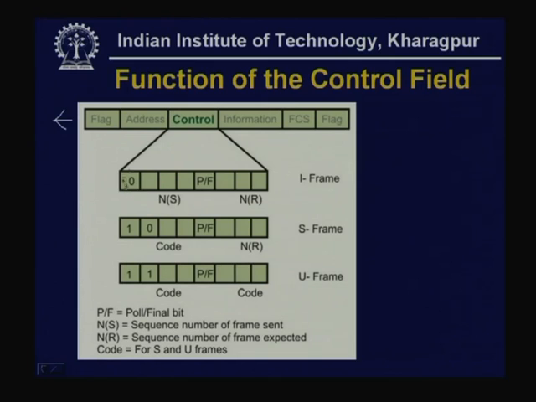And as you can see, information frame has got two 3-bit numbers, NS and NR. NS is actually the sequence number of the station which is sending the information.